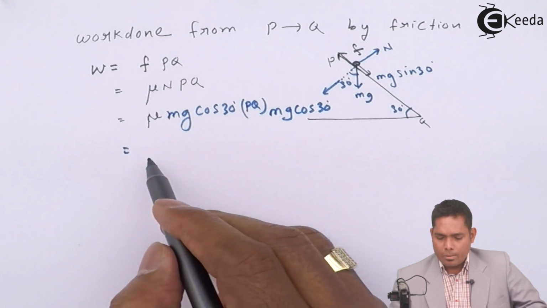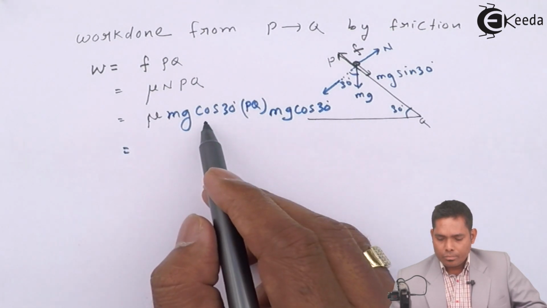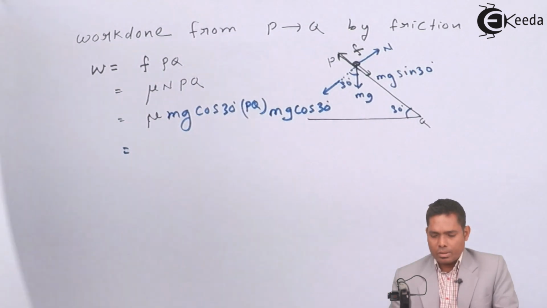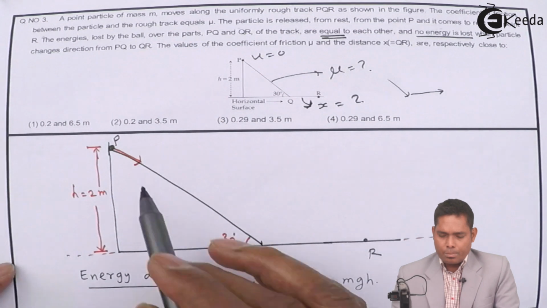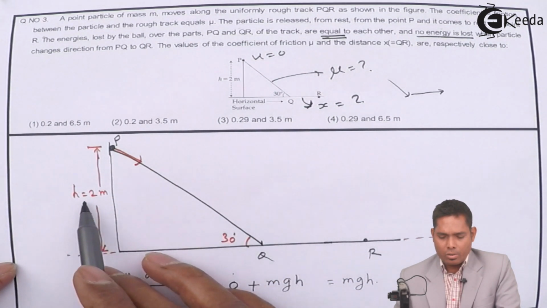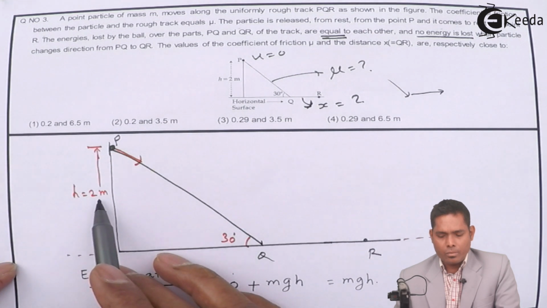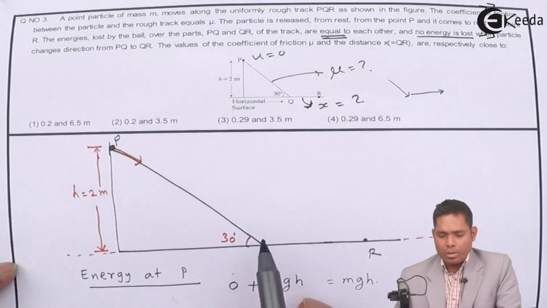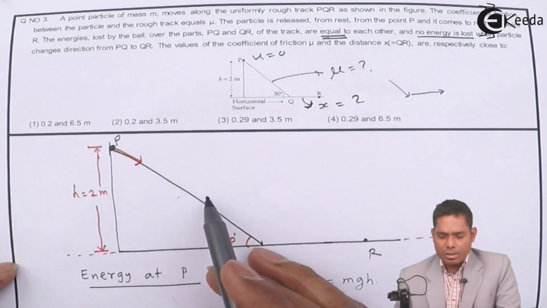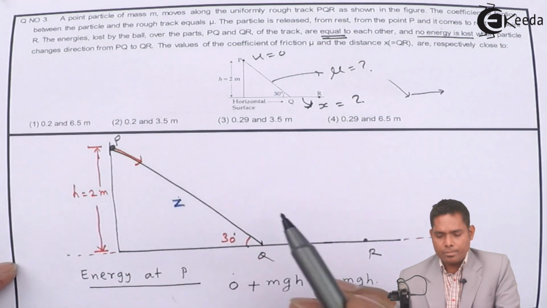Now let us see what PQ is. This PQ is unknown, not given, but I know this height h, which is 2 meter, and this angle theta. Suppose this distance is z.